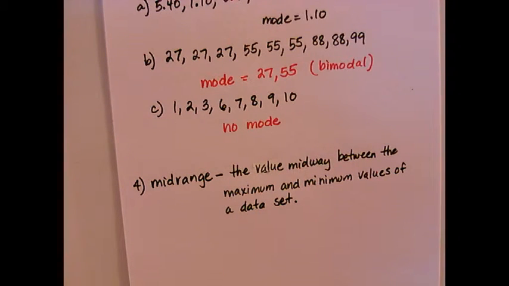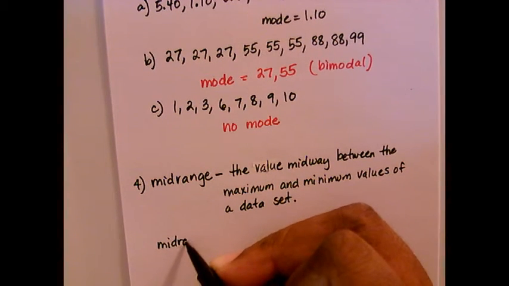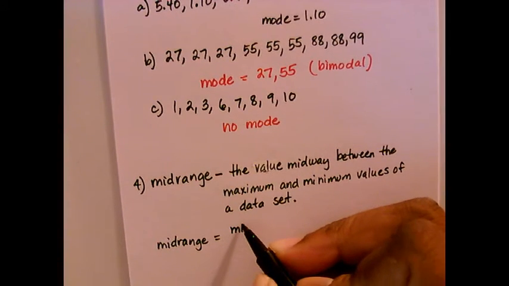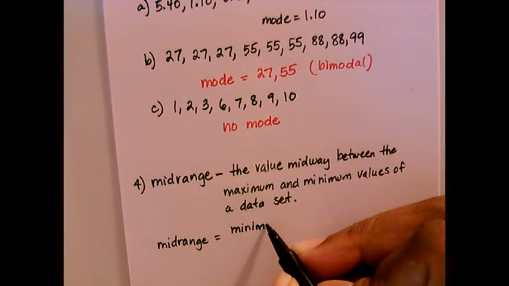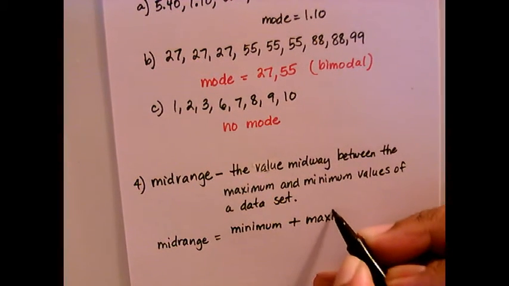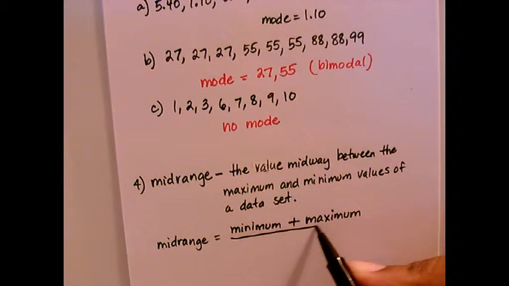And in other words, what you're going to be doing here, you're going to take the maximum value and the minimum value, add those together and divide by 2. So when you find the mid-range, I'm just going to say the minimum plus the maximum, and I'm talking about data values here in this case.